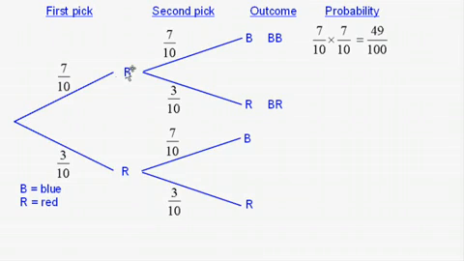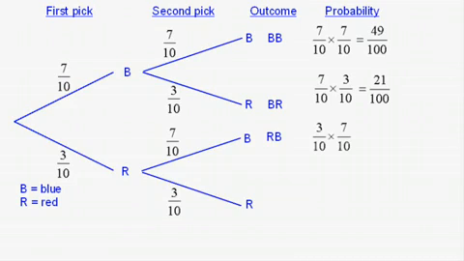The next branch is first blue, then red, BR for short: 7/10 times 3/10, 21/100. This branch is first red, then blue, RB: 3/10 times 7/10, 21/100. And the fourth one is 2 reds, first red, second red: 3/10 times 3/10, 9/100.